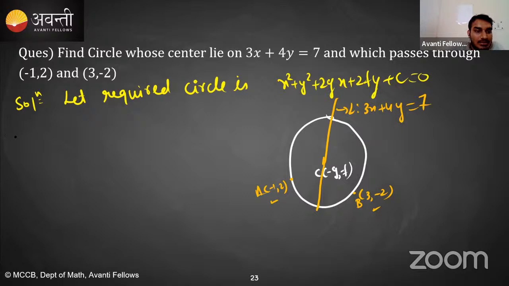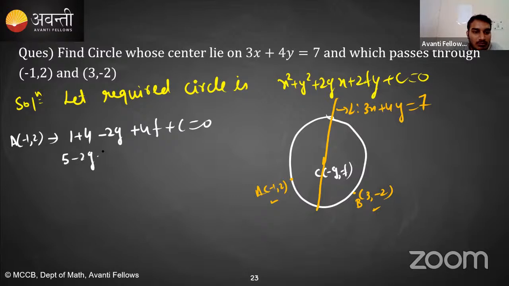Okay, so first, point A is lying on the circle. So put the point A in the equation of circle. It will satisfy 1 plus 4 minus 2g plus 4f plus c is equal to 0. So 5 minus 2g plus 4f plus c is equal to 0. It is equation 1. Then point B is lying on the circle.